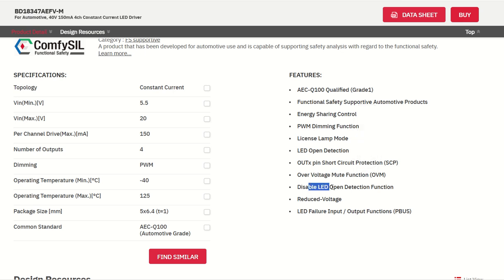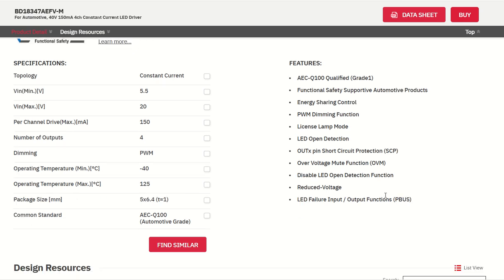Disable LED open detection is also there. We have reduced voltage functionalities and LED failure input and output functions also. Using one of the pins, basically the power bus, something is there which can give you an understanding of whether the IC is in failure fault mode or not, right?